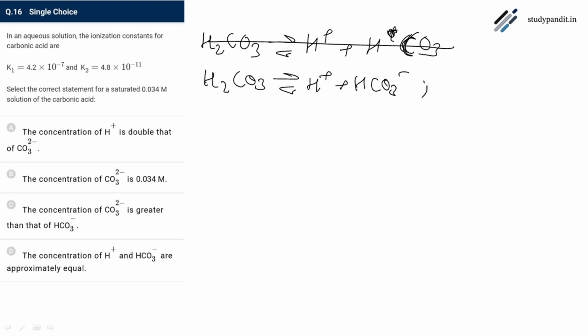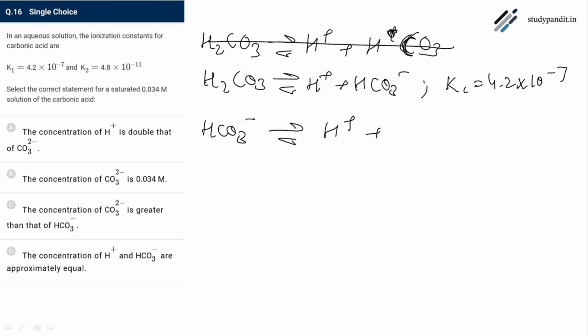So K1 is given as 4.2 into 10 raised to power minus 7. Now what's the second ionization equation? HCO3 minus gives H plus plus CO3 2 minus. And what's K2? 4.8 into 10 raised to power minus 11.